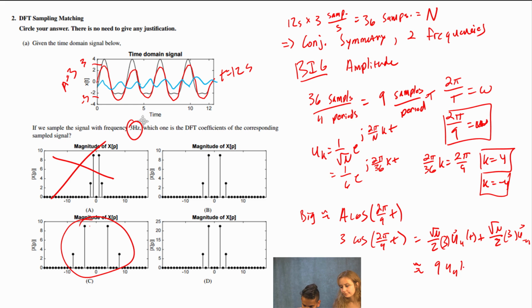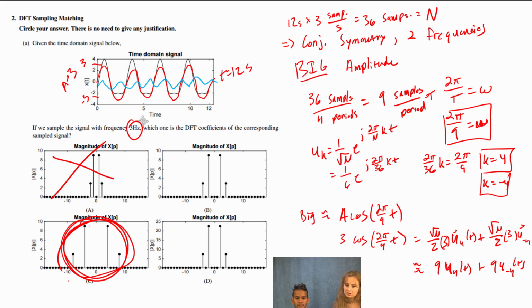Approximately 9 u_4 of t plus 9 u_minus4 of t. So 9 corresponds to this. We were looking for one with 9 for its fourth coefficient, and this is the only one that does it for us.